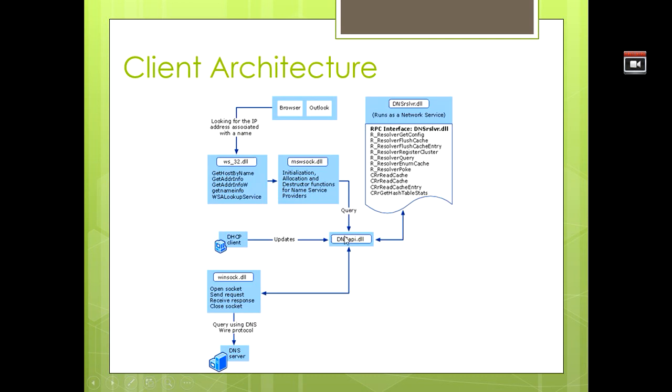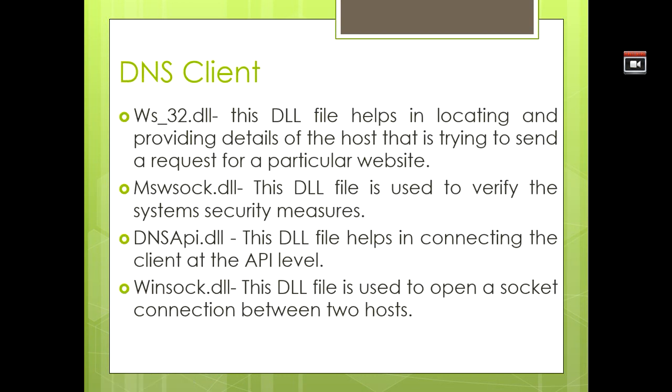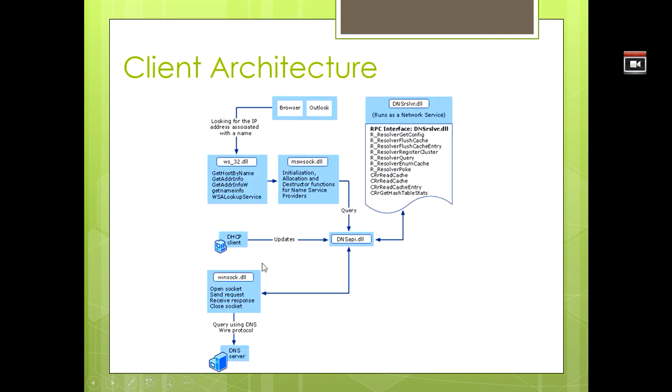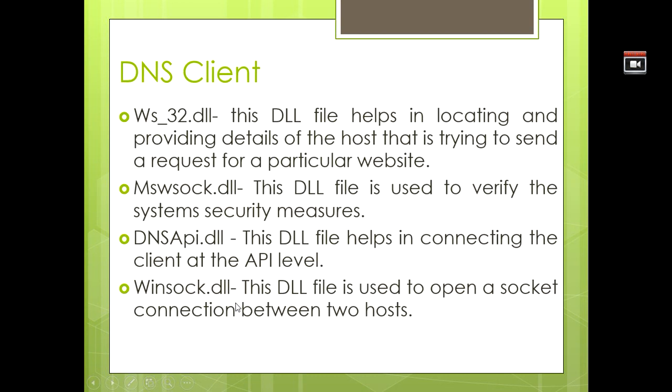DNS API. This particular part, which acts as the ISP's DNS server, helps in connecting to the client at the API level, that is the application programming interface level. winsock.dll, this part, helps in opening a socket connection to the DNS server.